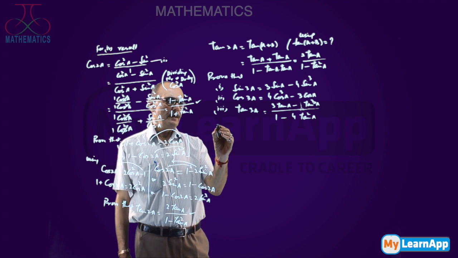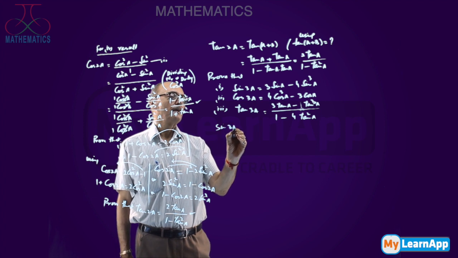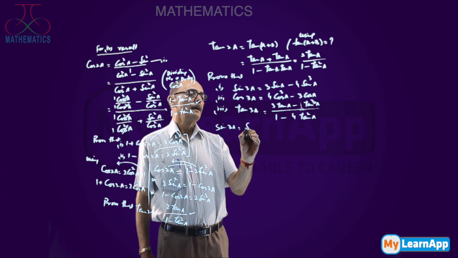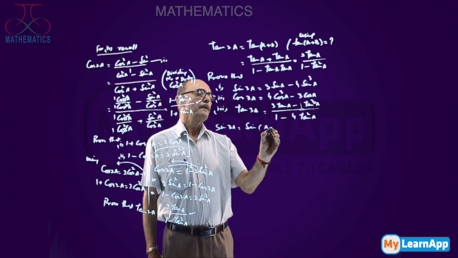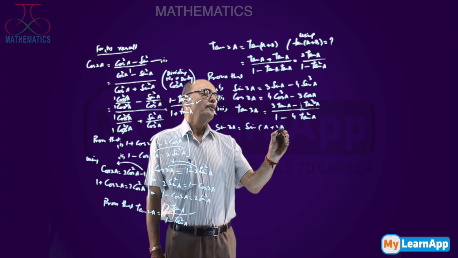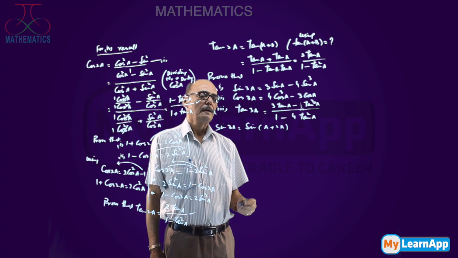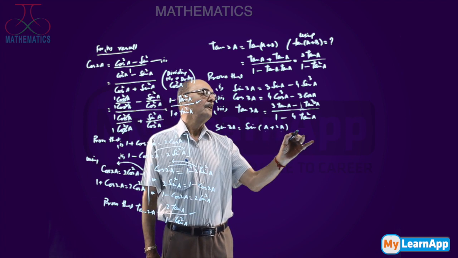So, for proving sin of 3A, we have sin of A plus 2A. You can even write it as 2A plus A. So, this is the first angle, this is the second angle.